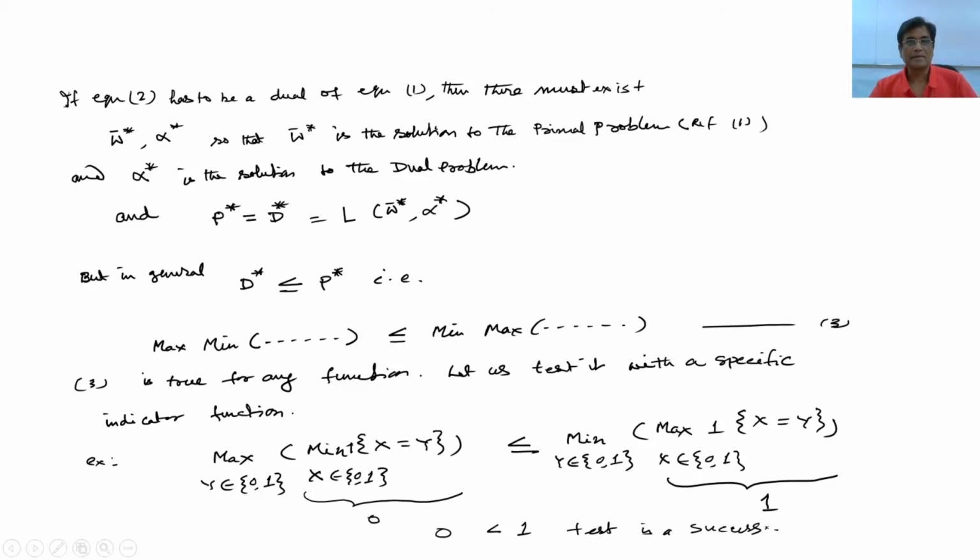So we have taken just an indicator function, and we tried to show you that the optimum dual functional value will be less than or equal to the optimal primal value.